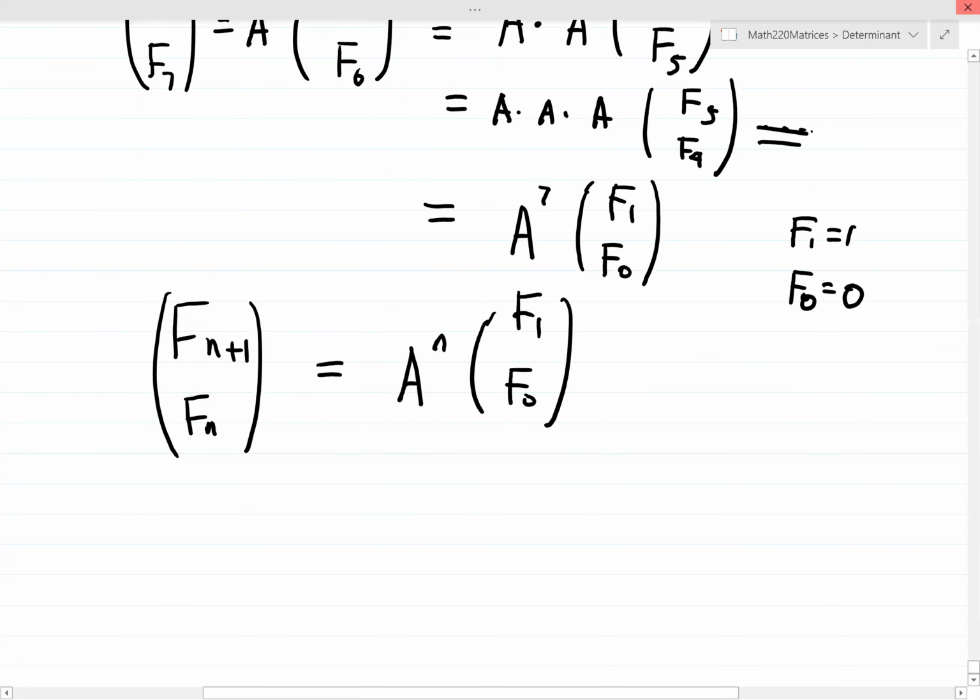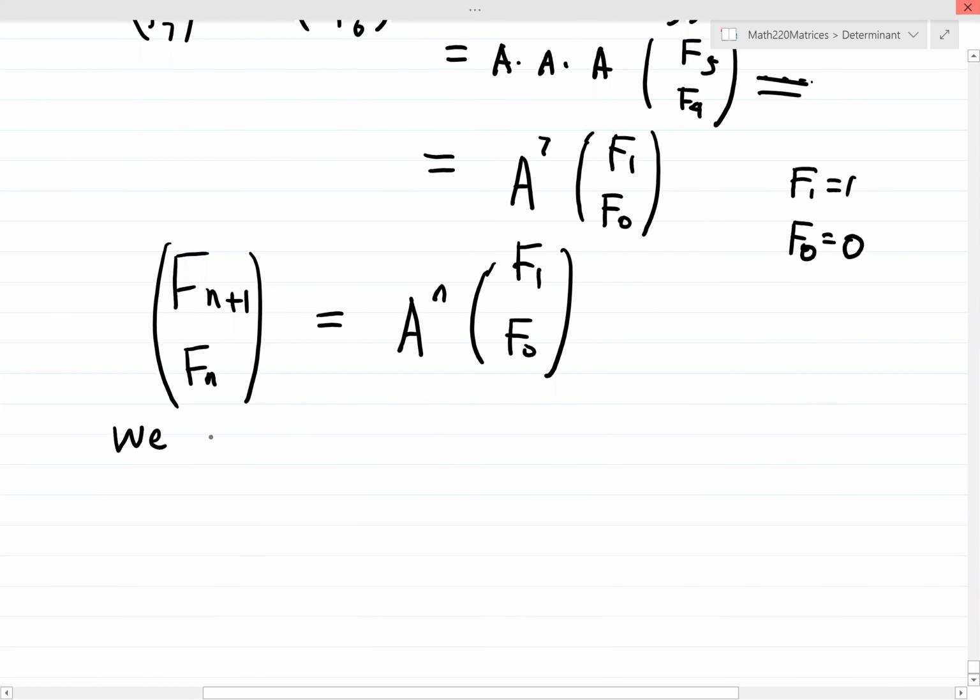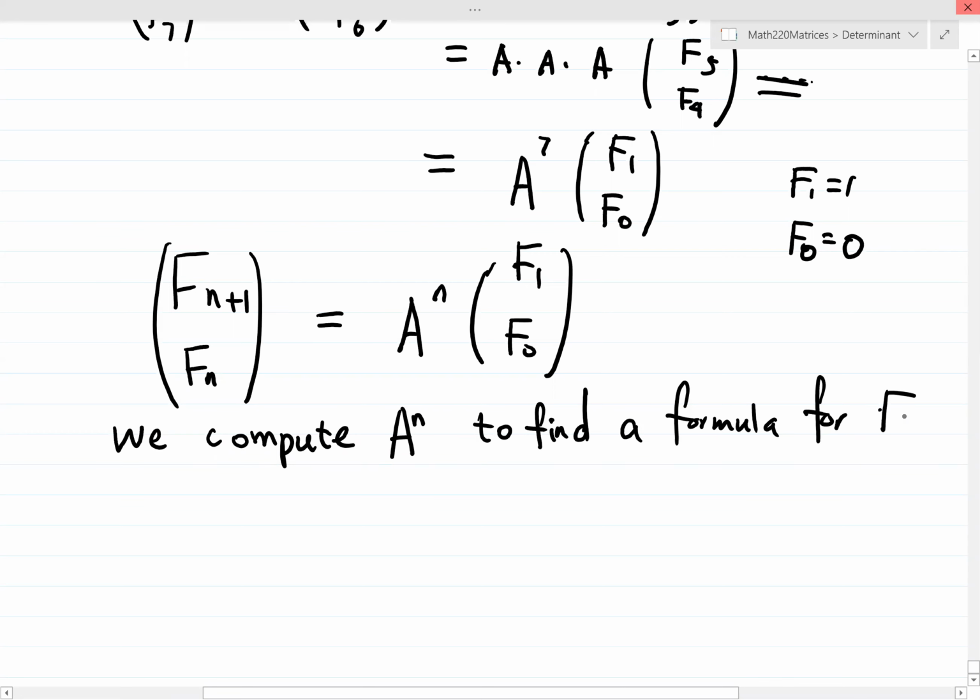Now we compute the power of the matrix A. We compute A to the power n for general n, to find the general formula for Fn, the Fibonacci number.